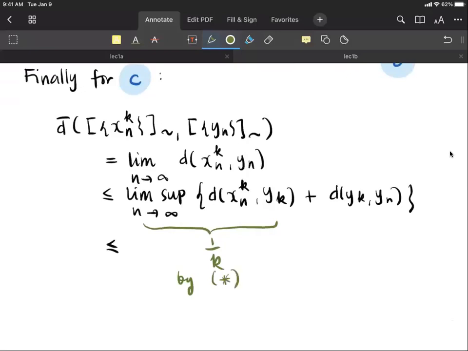And similarly, for the second part, including, of course, the limit superior, this one is less than 1 over k plus epsilon over 2.